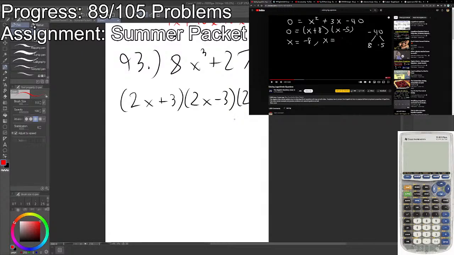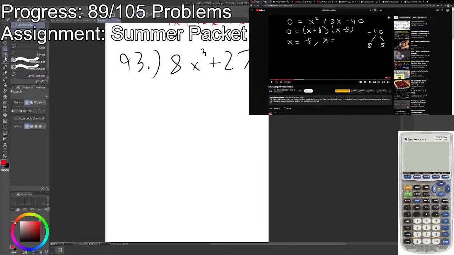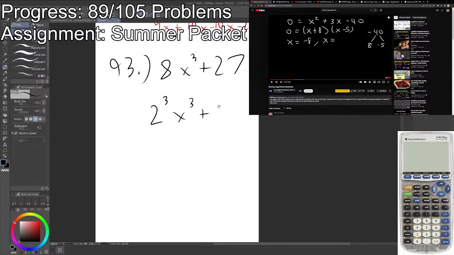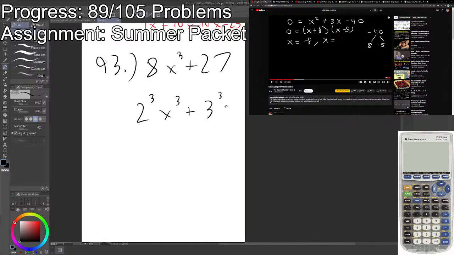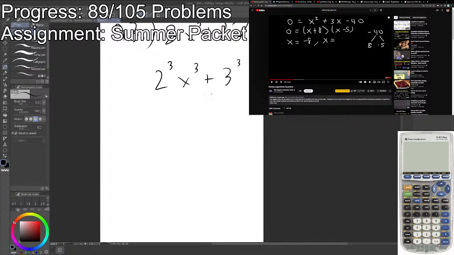So first thing they do, write the number in exponential form. Okay. And then it does this. Okay.